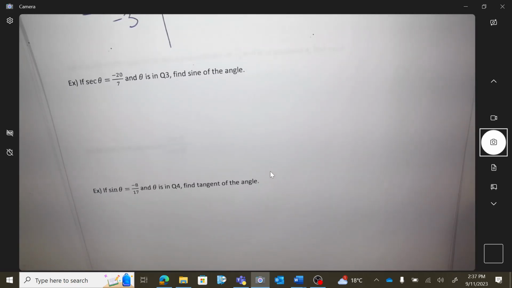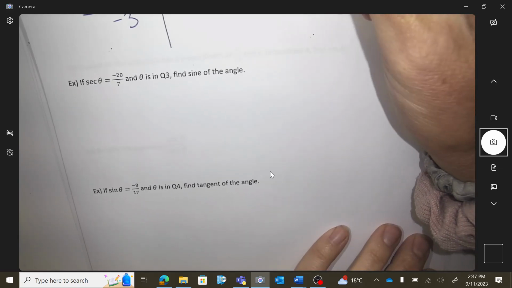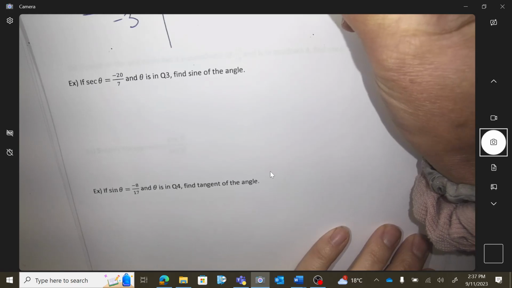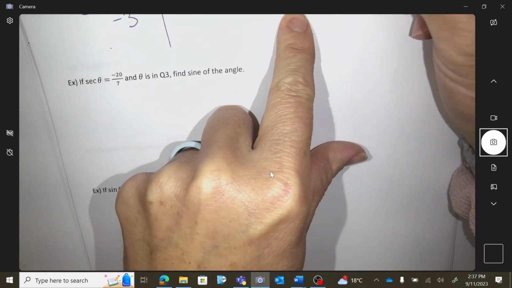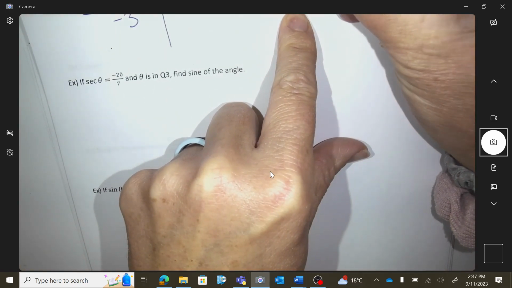Okay, so do you have it memorized, or you can look on something? What is cosecant? It's the flip of sine. So sine was that, so I need to flip.